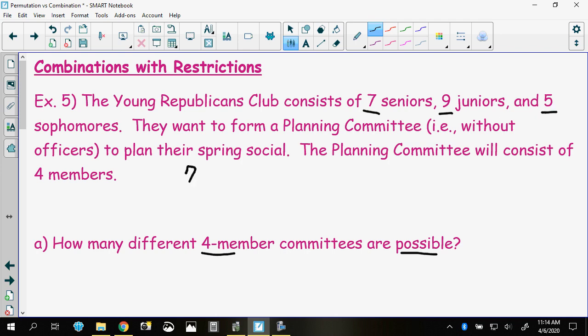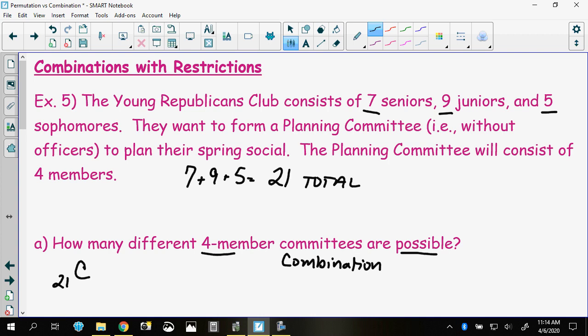So 7 plus 9 plus 5 is going to give us 21 total people. So we have 21 people to choose from, and we're doing 4 members. It's a committee, so we're talking combination. So 21 combination, choose 4.